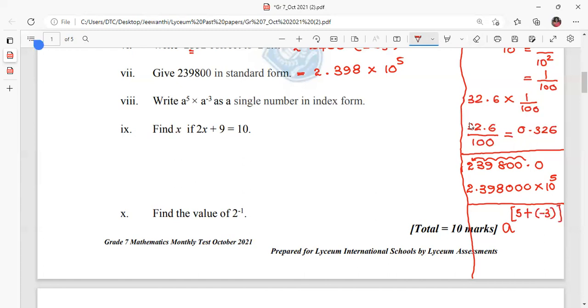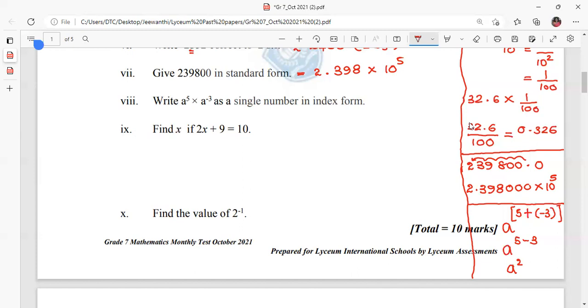Now it is clear. You add the numbers. What are the two numbers you have? 5 and -3. Then you can solve the bracket and write it like this: 5 minus 3. It is a to the power 2. Children, you may think that when I am writing a to the power 5 minus 3, there is a multiplication and the same base value. Normally, we want to add the indices, but here you have subtracted the indices.